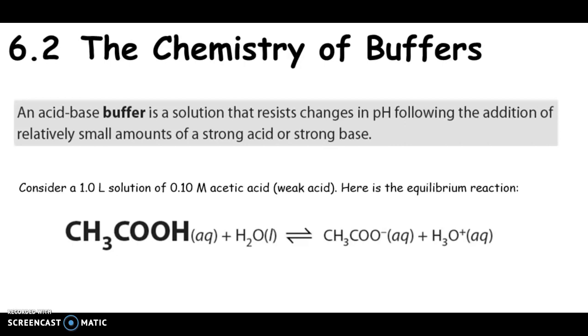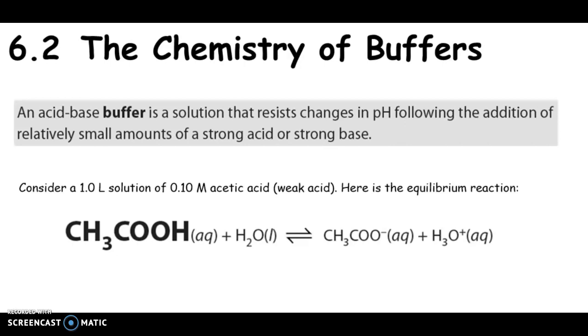Meaning if you were to add some strong acid or base, the equilibrium will resist the change in pH because of Le Chatelier's principle, right? Whatever stress you add to the equilibrium system, it will react and try to alleviate that stress.